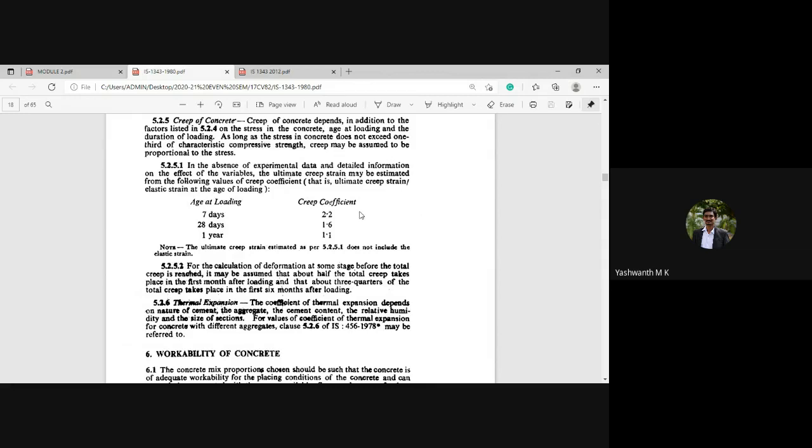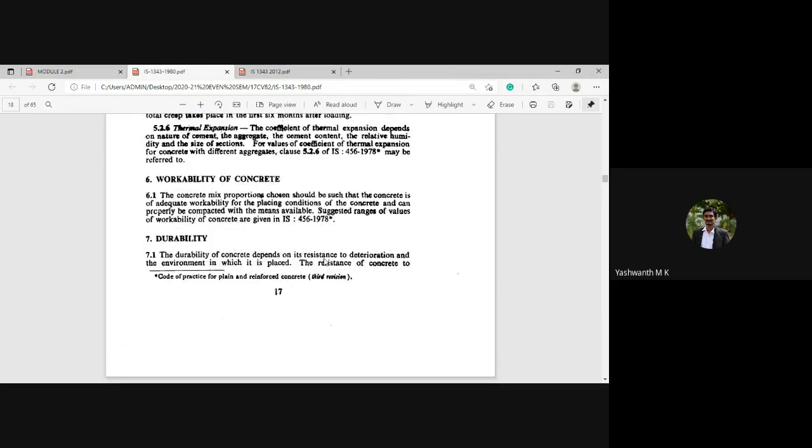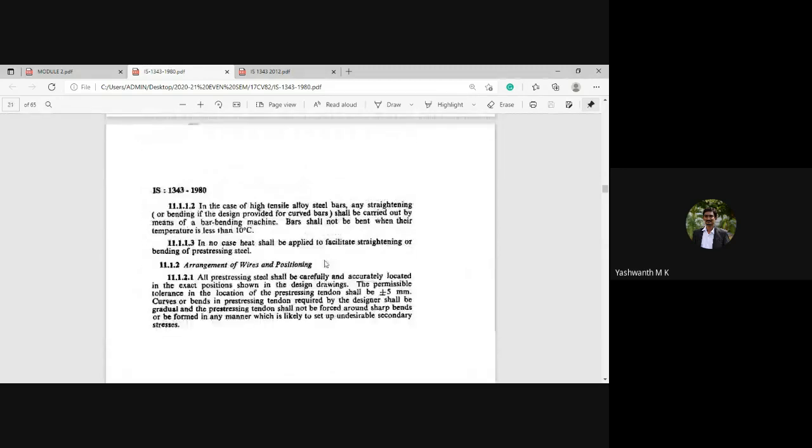Then the loss of pre-stress can be calculated as creep coefficient multiplied by modular ratio multiplied by fc, the compressive stress in concrete at the level of steel. You will get the loss of pre-stress due to creep of concrete. Is it clear? Next, we will move on.